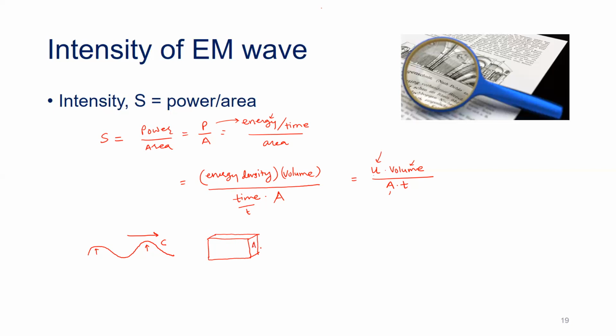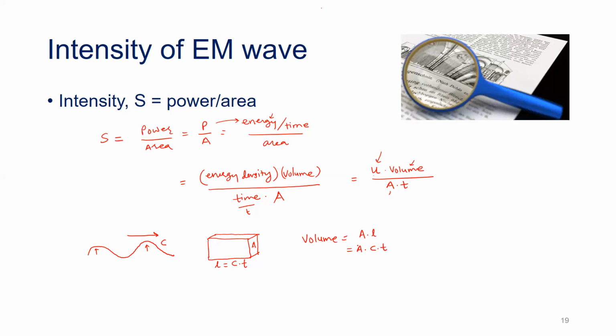It has a cross-section area A, and it has a length L, which is equal to how fast the wave is coming, the constant c, multiplied by the time period T in which it hits this object. So the length of this volume is c times T. We can write that volume is equal to area multiplied by length, which is A times c times T. We just plug the value of L here.